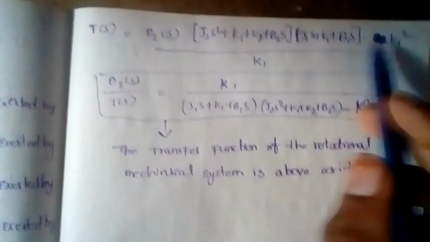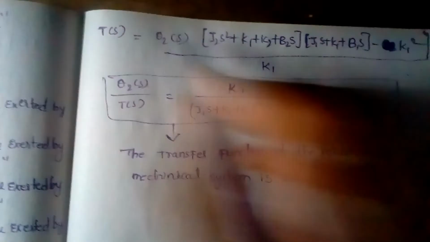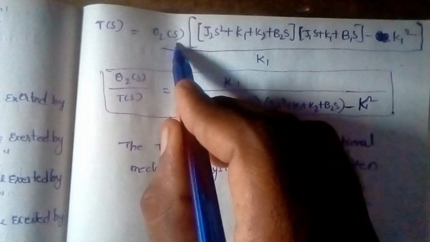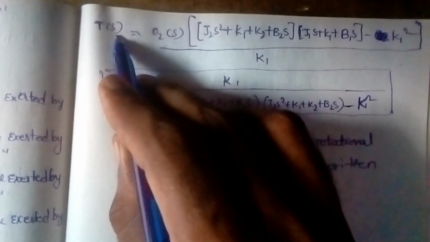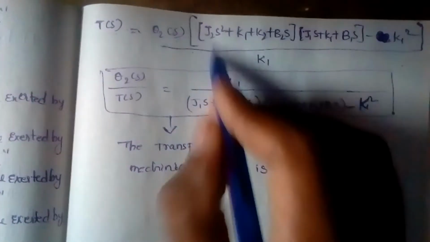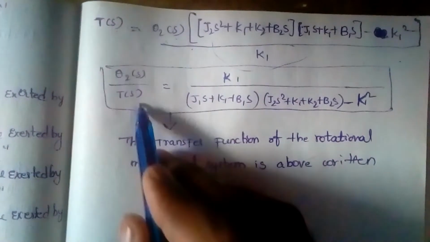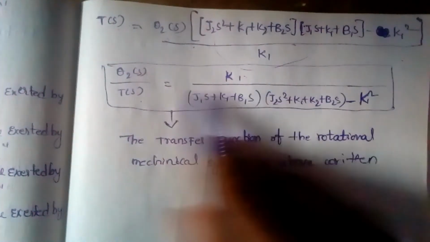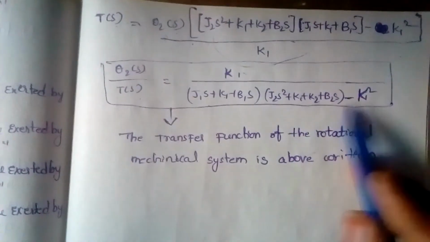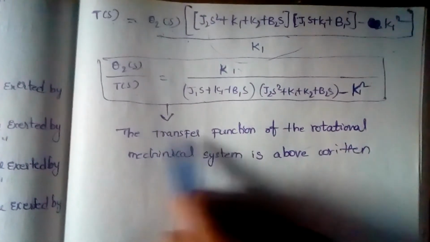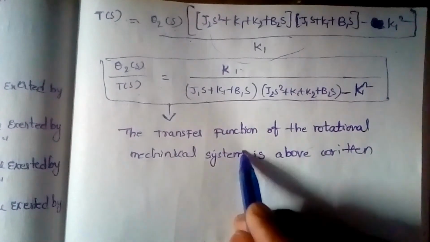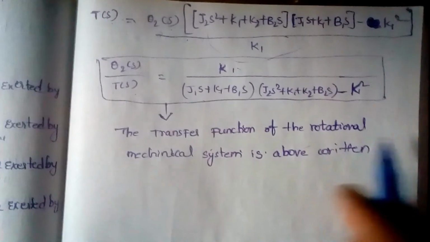Here we have to see one logic: the whole term is common with theta 2 of s, so T of s will come to this side, and this whole term will go to that side. Then we get the transfer function: theta 2 of s by T of s is equal to K1 divided by the J1 term minus K1 square. Then the transfer function of the rotational mechanical system is written above. Thank you.